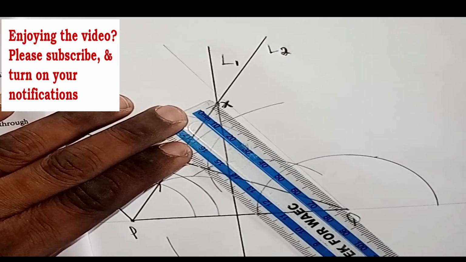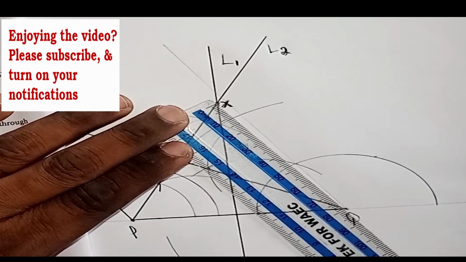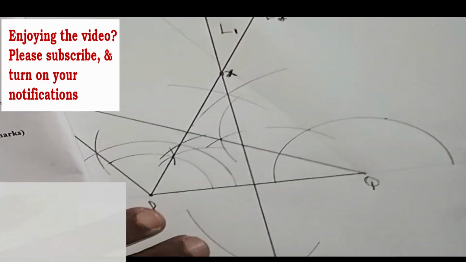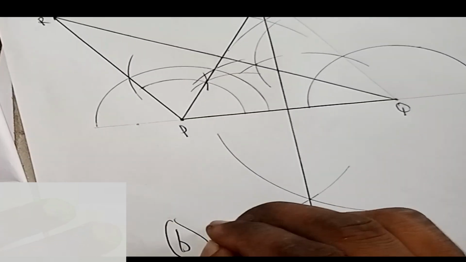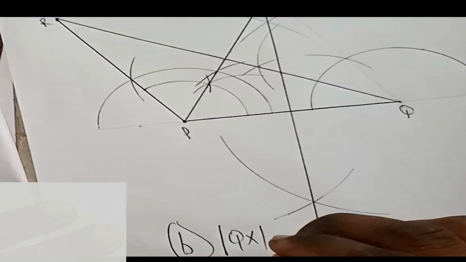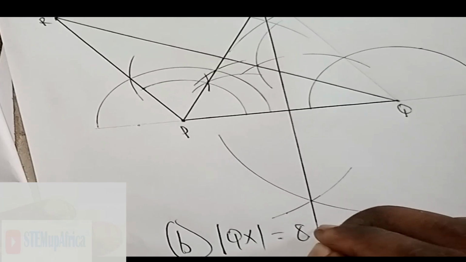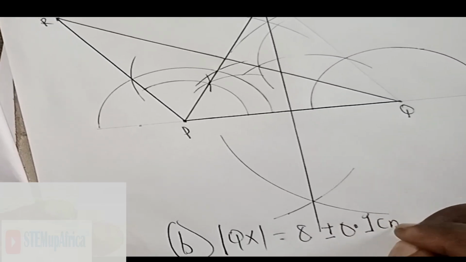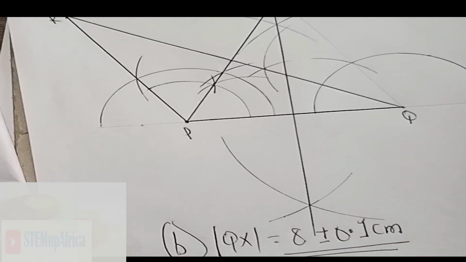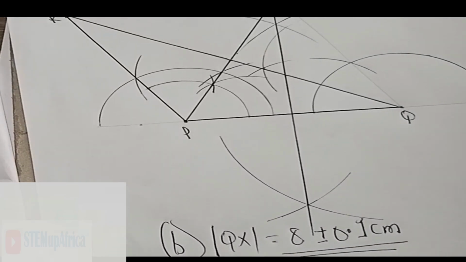You can see from our measurement, line QX is simply 8 centimeters. So I can write it anywhere by saying B, line QX is 8 plus or minus 0.1 centimeter. So always label to a tolerance of plus or minus 0.1 cm.